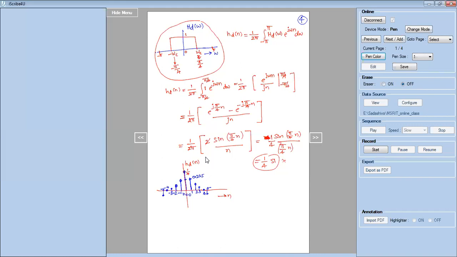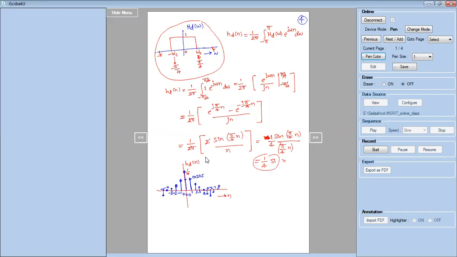Sin pi divided by pi. So sin pi is 0. So at n is equal to 4, it has to become 0. Similarly, at n is equal to 8, it will become 0. Is it right? Yes, sir.